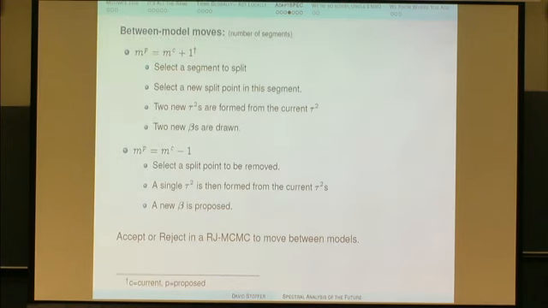And then there's a between model move, where either you add a segment, you say, okay, there's a segment that should be added. P is the proposed, and C is the current. So suppose your current is MC, then you either propose to go up or you propose to go down. And because you're going across models, you use reversible jump Markov chain Monte Carlo to do all of this stuff.